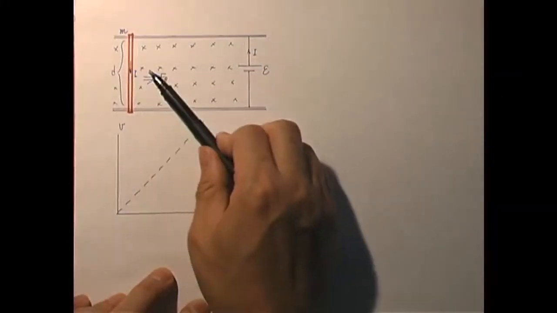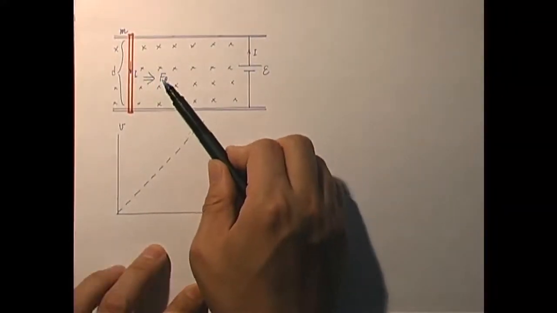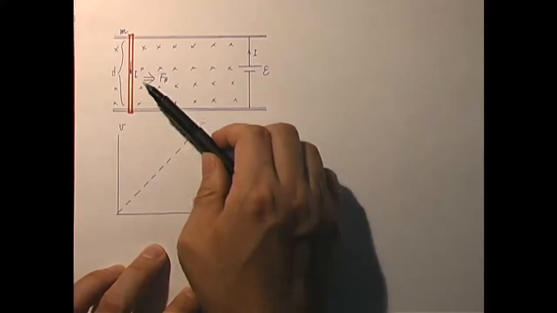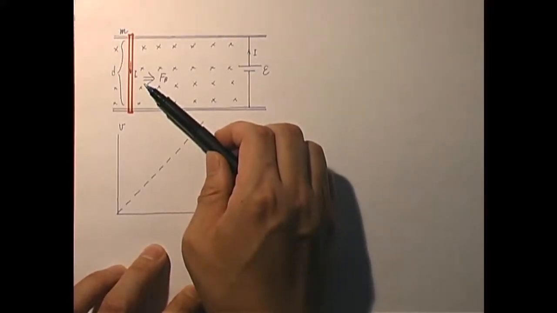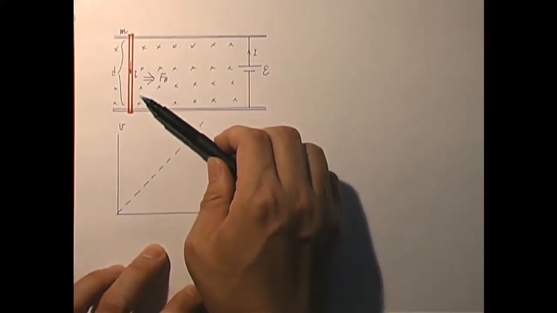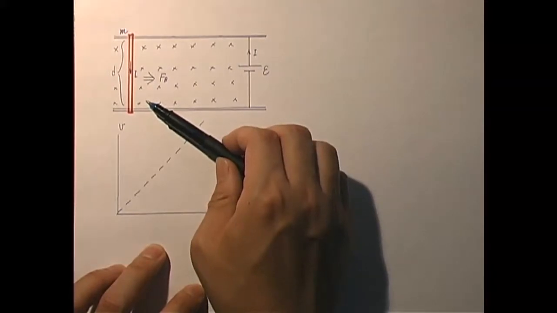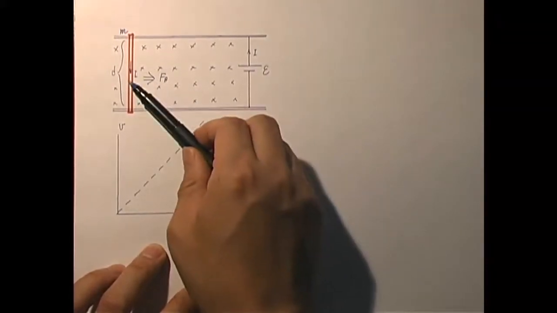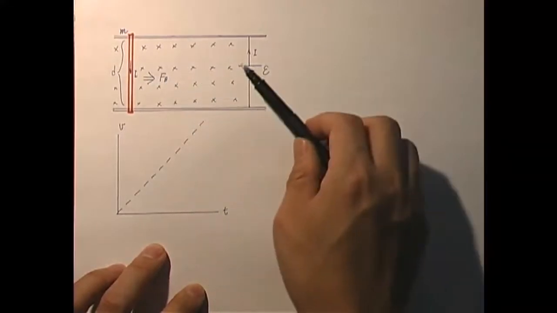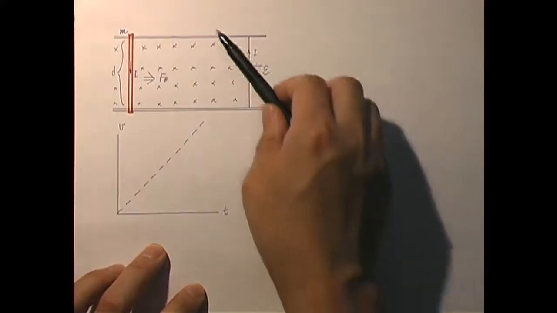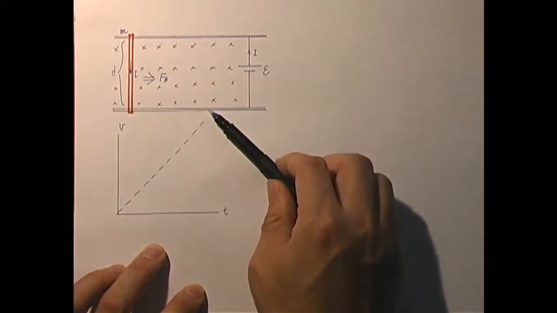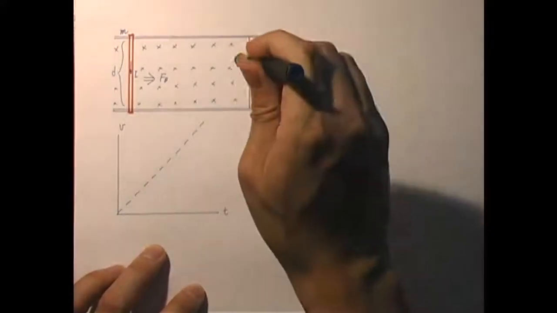As the bar moves this way under the influence of the magnetic force, it is cutting through magnetic field lines and therefore generating an induced EMF. We can take a look at the direction of the induced EMF. As the bar moves this way, it is going to decrease the magnetic flux through this enclosed region, so there is a decreasing flux.